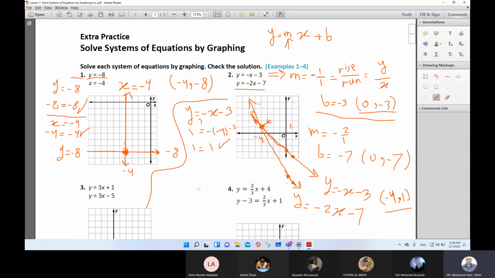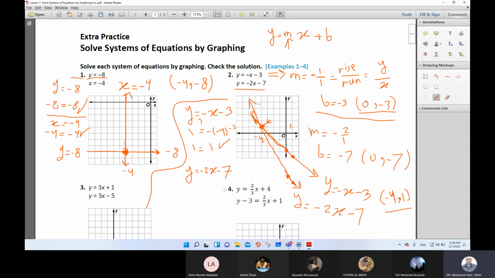For the second equation, substitute here.